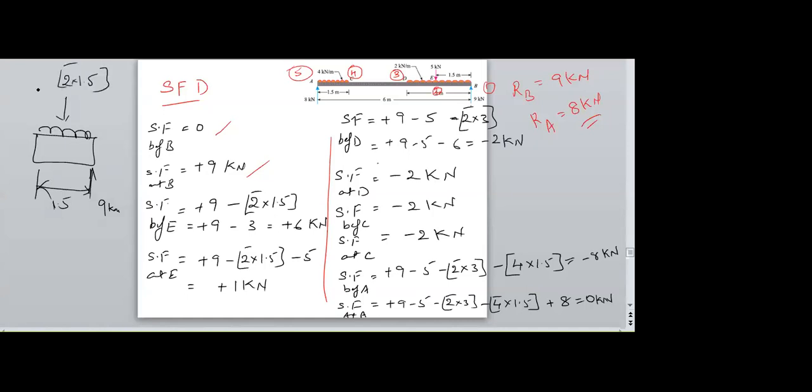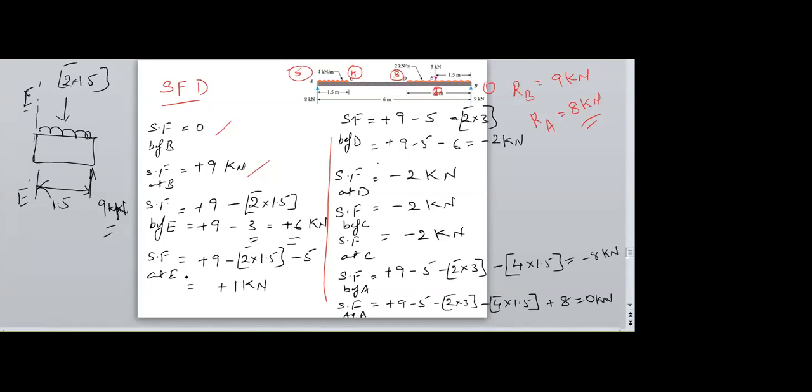The section is before E. So the 2 point loads, that is 9 kilonewtons and 2 into 1.5, that is 3. So I am getting a positive 6 kilonewtons.